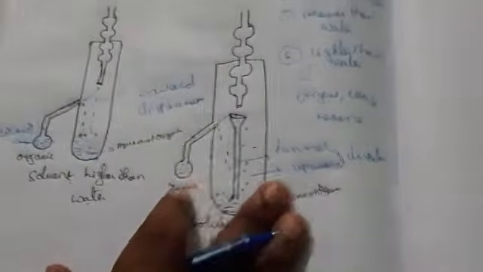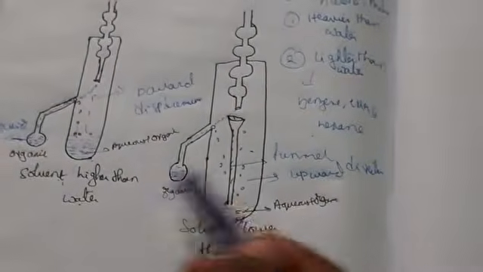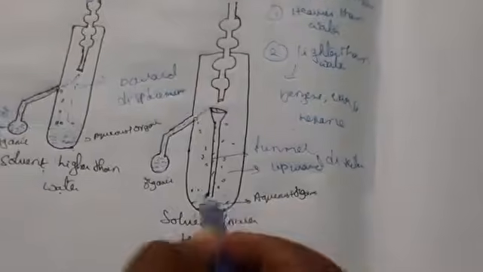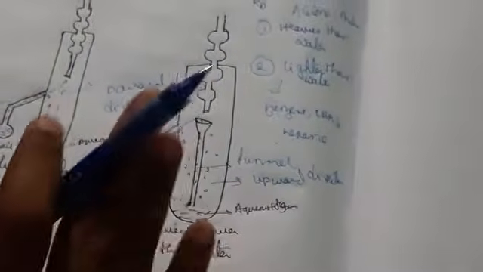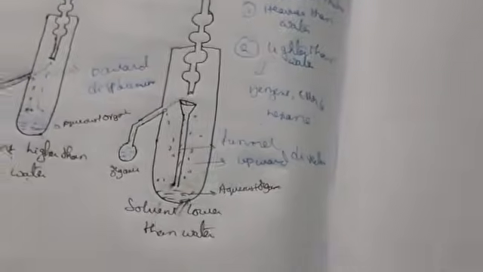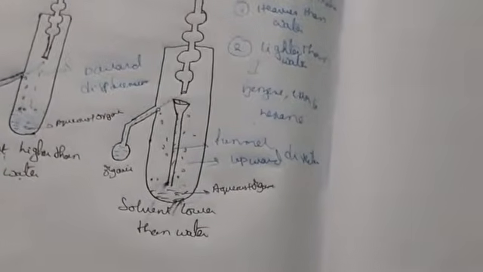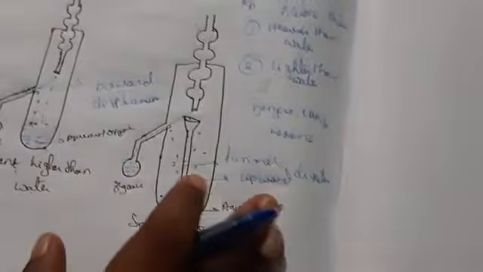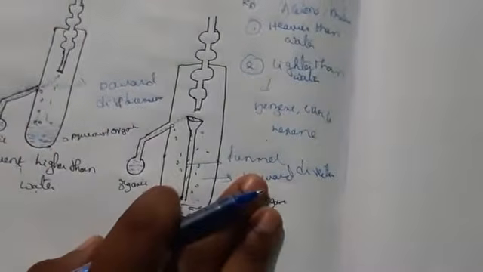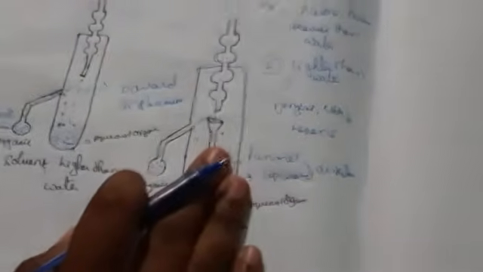If you observe here, the process goes on continuously, and there is no stop to the extraction. Then how will you get the mixture of compounds, and how will you separate them? That's why we say this continuous extraction is not a correct method. Why?